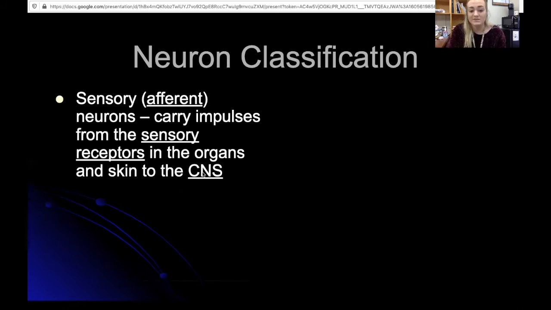When we see CNS, that stands for central nervous system. These sensory neurons carry those senses from the sensory receptors we have in the organs and the skin to the central nervous system. So that's one of the classifications of a neuron.